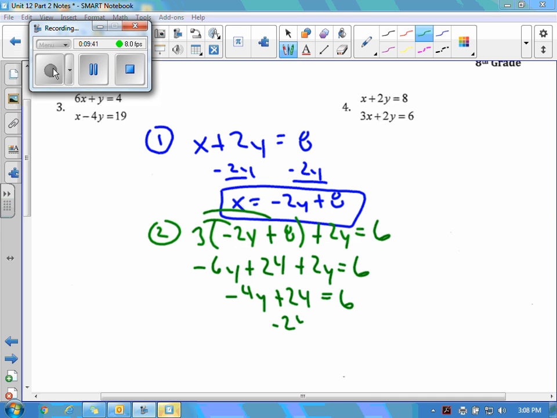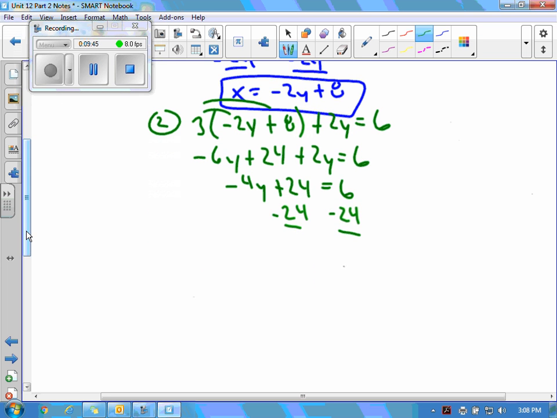Subtract 24 from both sides. And I would wind up with negative 4y equals negative 18. And then my last step is to divide both sides by negative 4. And I would get y equals 4.5, which is a decimal, and again, that's totally fine.